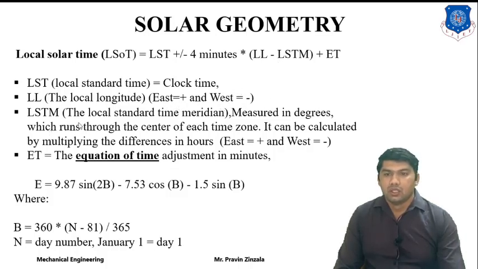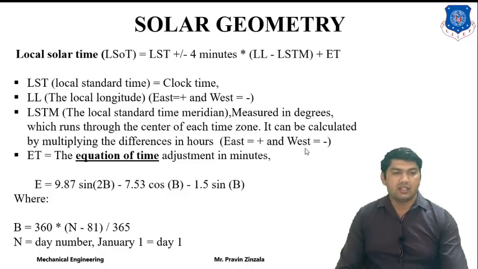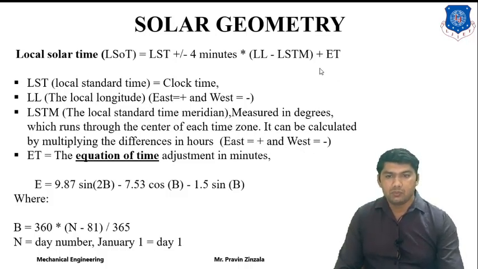Minus the local standard time meridian, generally measured in degrees, with east positive and west negative, plus the equation of time.